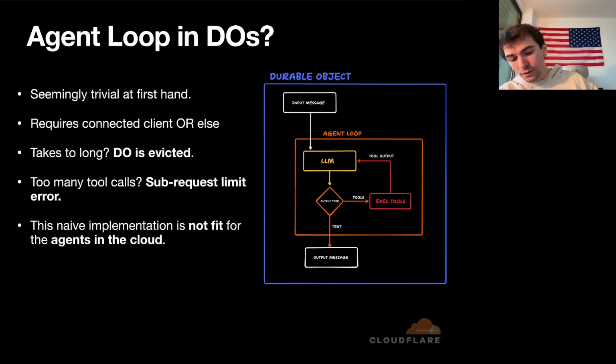Then also there's a different issue: if the LLM decides to call too many tools, which end up doing too many requests outside this durable object, there's a limitation in the runtime that we don't want you to think about. But if you hit that limit, your durable object is also going to get evicted with an exception, which means this implementation is a little bit too naive and it will not work if we want to have agents in the cloud.